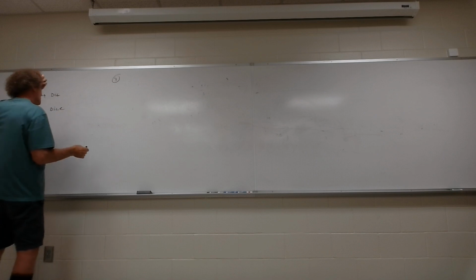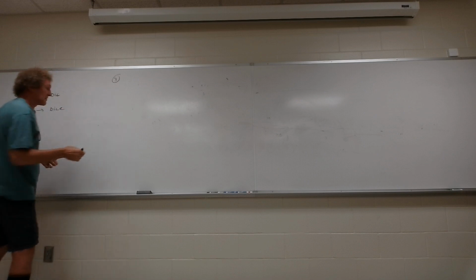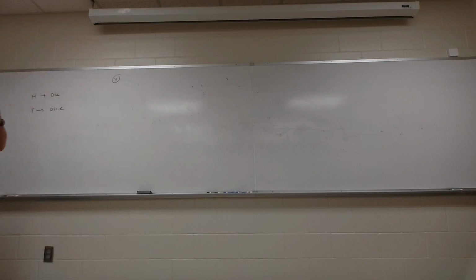So for this one, we're going to talk about the possible outcomes first. If it comes up heads, you roll a single die, so you have possibilities of 1 through 6. Do y'all follow me on this?